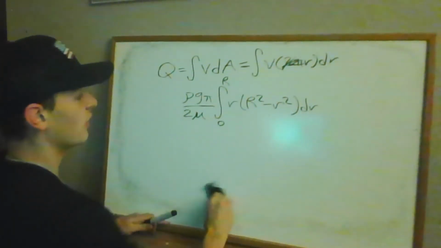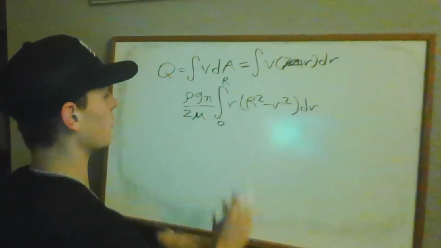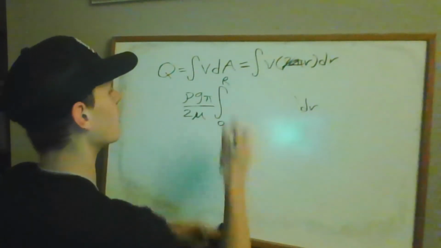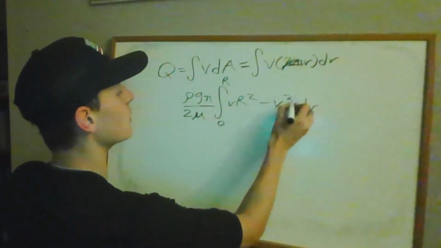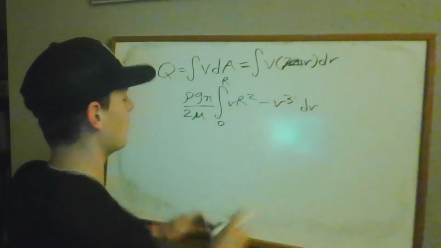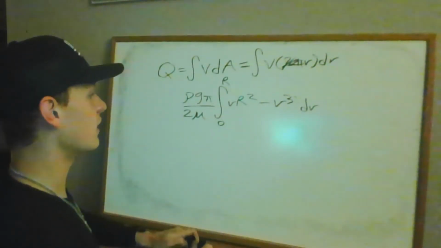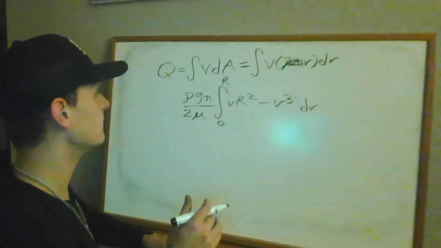So what can we do here? Well, I actually should have multiplied this in, so let's re-express that as r squared minus r cubed. And we want to integrate, so I am going to do that real fast here.